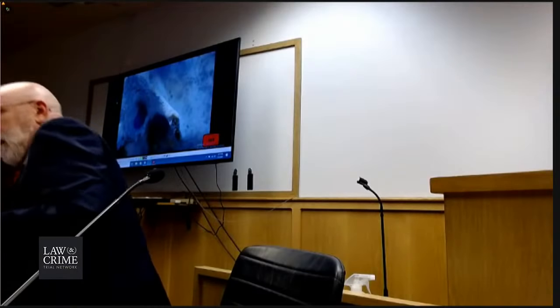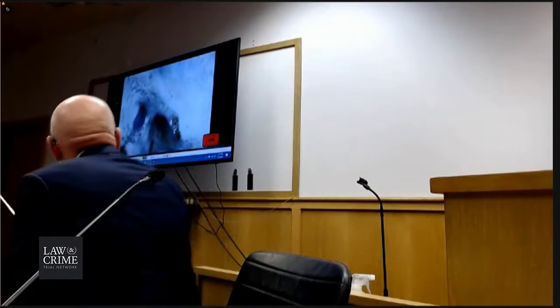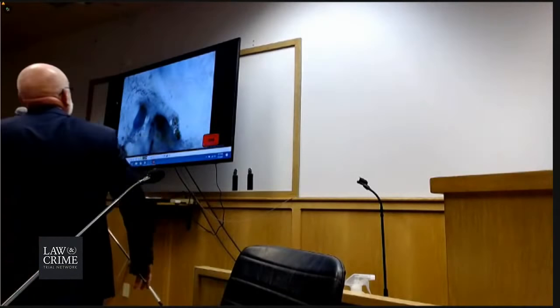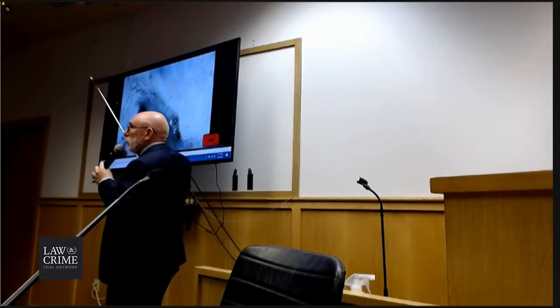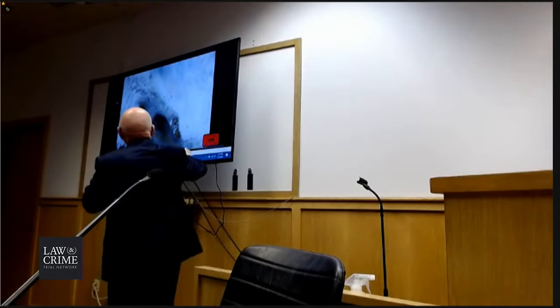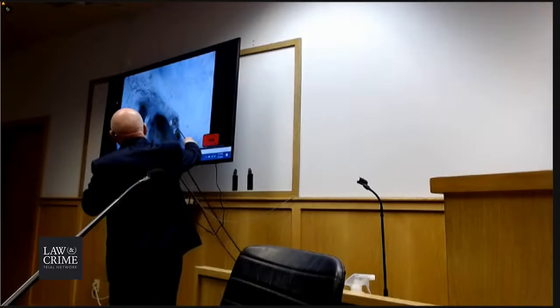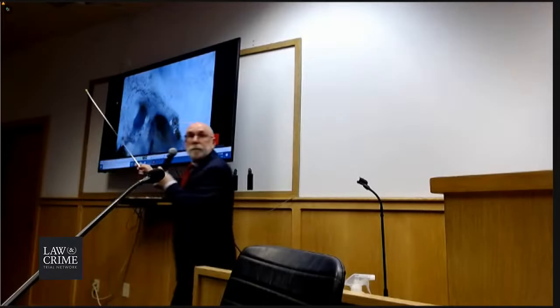We're going to go to 390. Same photograph with slightly different lighting. So I used the blue lighting in the photograph before, and you can see the cut mark.